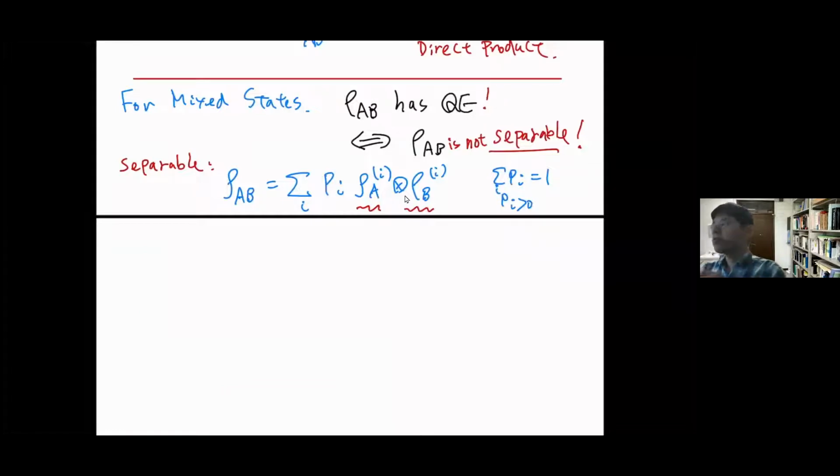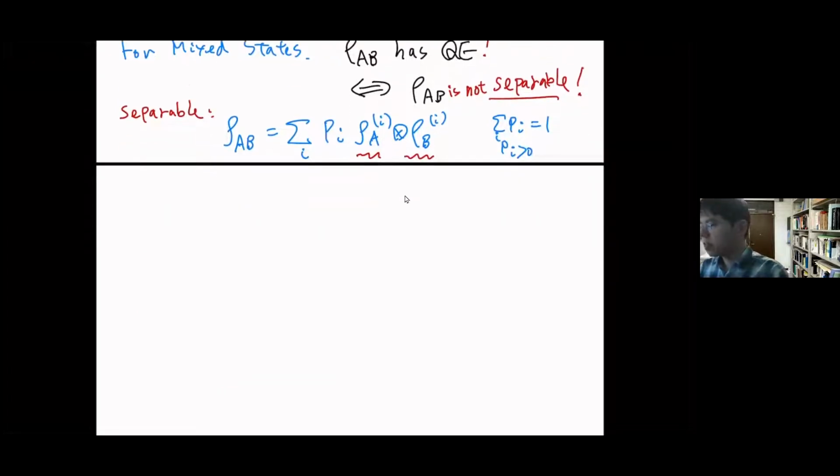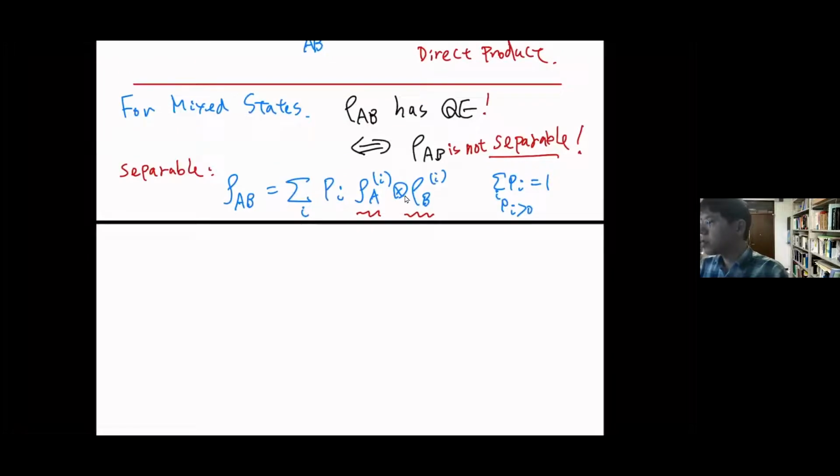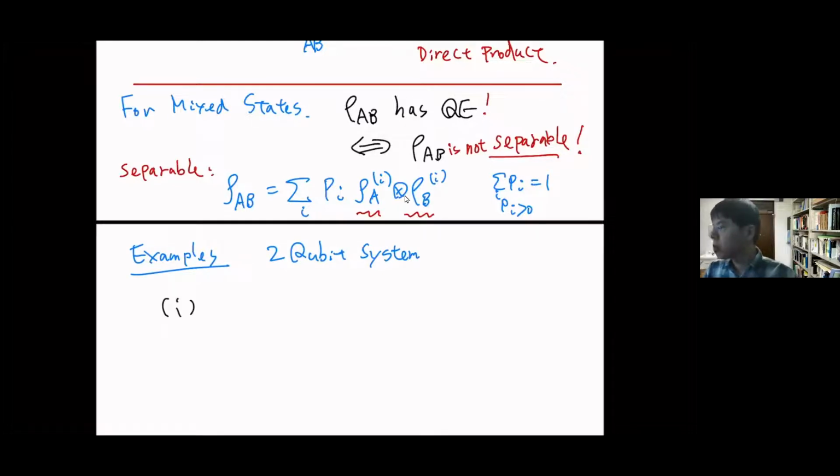Now I go to examples. The simplest example is always a 2-qubit system. The first one is a trivial example, just a direct product state, like 0 plus 1.